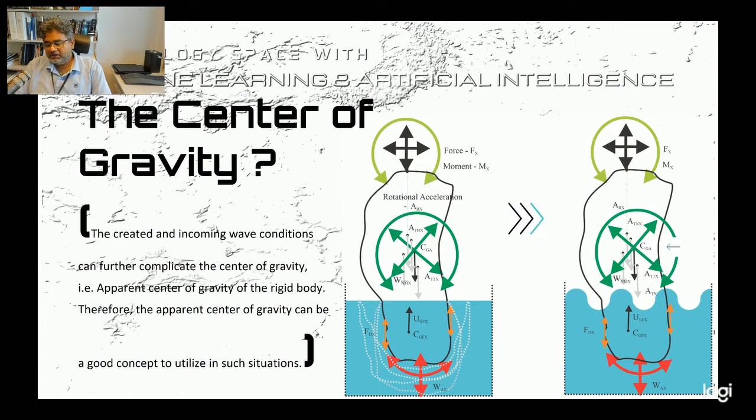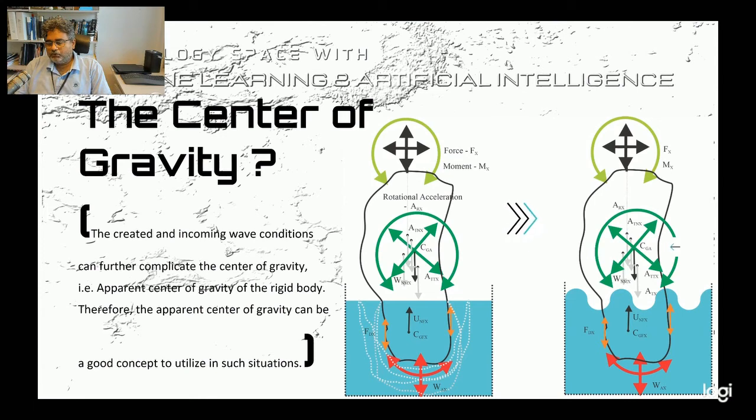Since the buoyant force as well as the added mass could vary due to these wave conditions, the total weight of the rigid body can also vary. A varying total weight can influence the mass distribution of the rigid body. Due to that mass distribution change, the center of gravity in this rigid body can also vary in this situation.